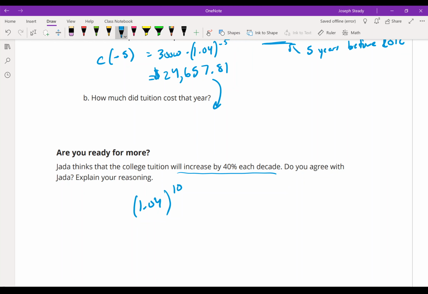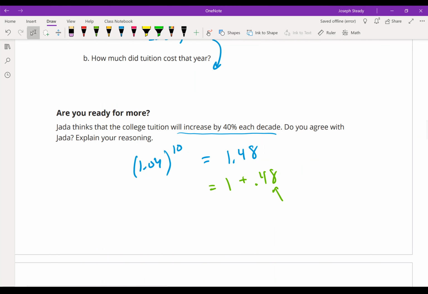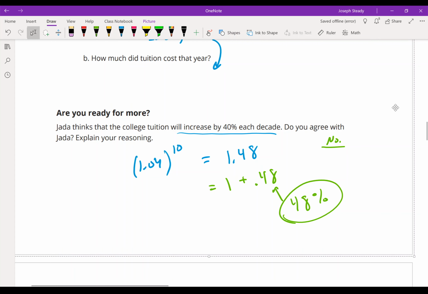If you throw that in a calculator, this will give us about 1.48, which we can break down. This is the same as 1 plus 0.48. So after 10 years, tuition has not gone up by 40%, it's gone up by 48%. So do we agree with Jada here? No, it goes up 48% instead of 40%.